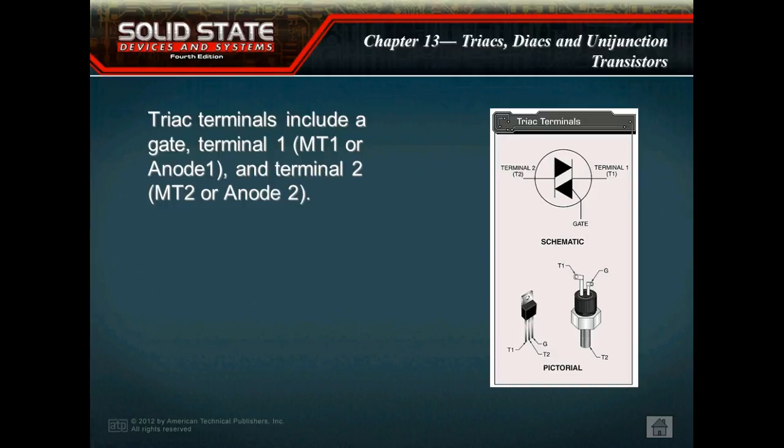But the problem is that their turn on in one direction is not exactly the same as their turn on in the other direction. So what they do to make it turn on at the same voltage is they put a diac in series with the gate. When the diac breaks over, we don't get a slope, we get a nice big energy pulse that goes into the triac and fires it at exactly the same point all the time.